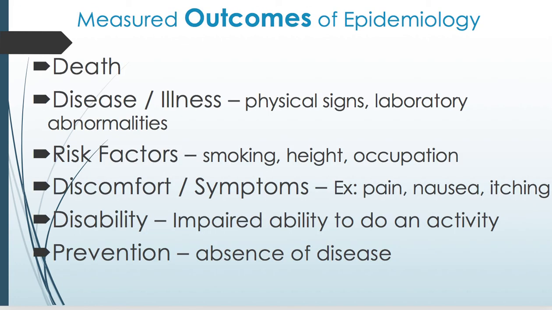What are some outcomes that we measure in epidemiology? Death, disease and illness, such as physical signs or laboratory abnormalities in a sample, risk factors such as smoking, height or occupational exposures, discomfort and symptoms, disability and prevention.